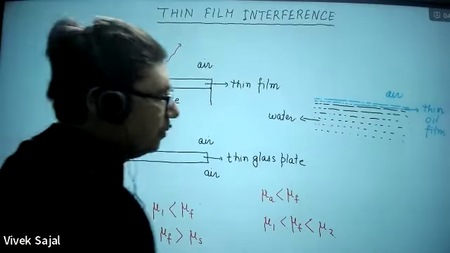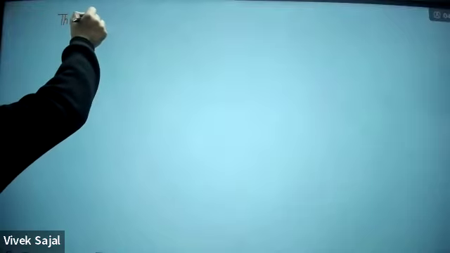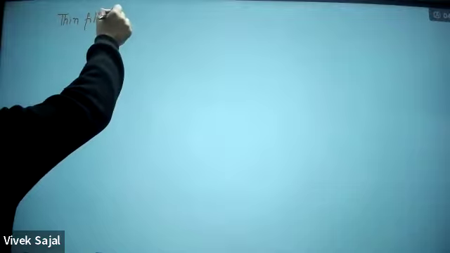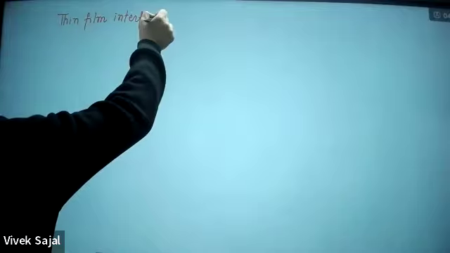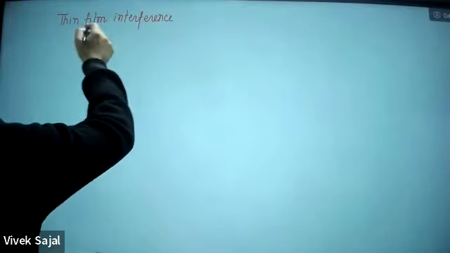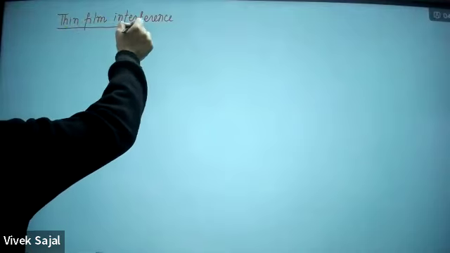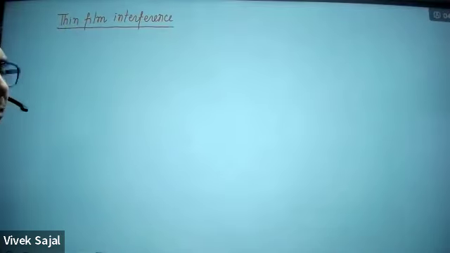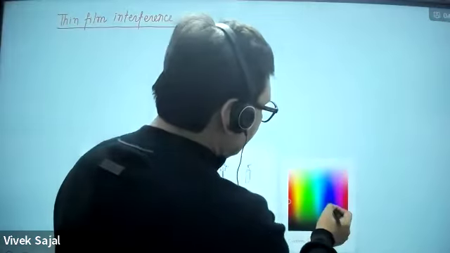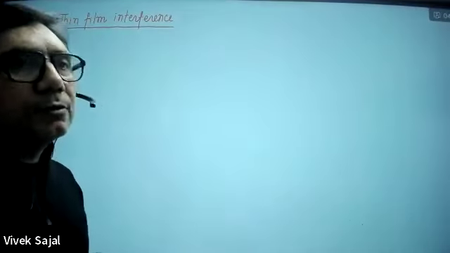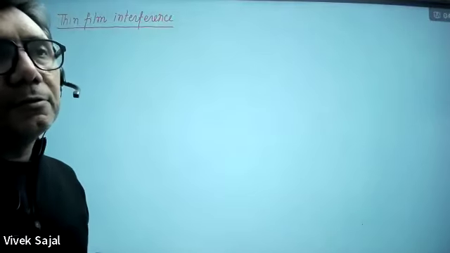Now, in thin film interference, the first question is how we are going to create coherent sources. If we want interference to take place, then how are coherent sources to be produced?